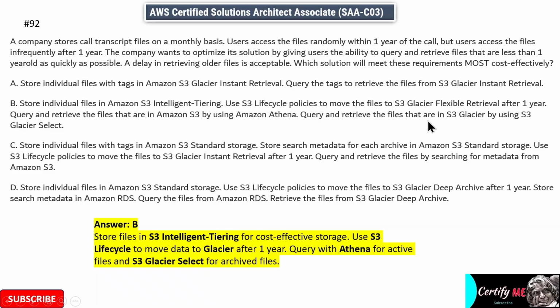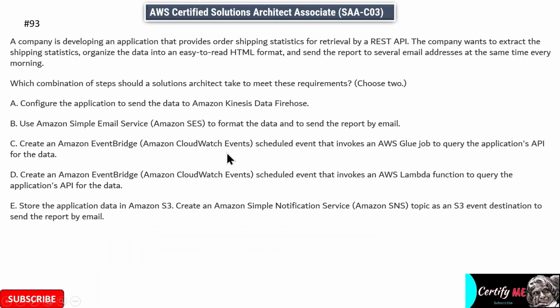Query and retrieve the files that are in S3 Glacier by using S3 Glacier Select. Store files in S3 Intelligent-Tiering for cost-effective storage. Use S3 lifecycle to move data to Glacier after 1 year. Query with Athena for active files and S3 Glacier Select for archived files.